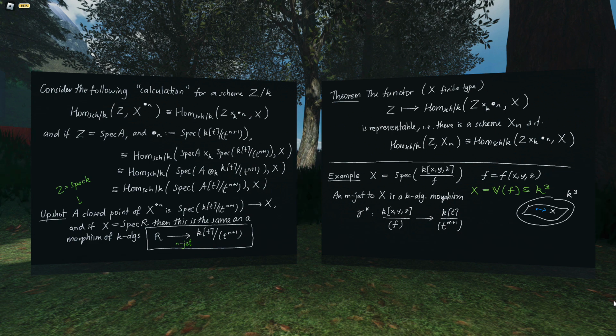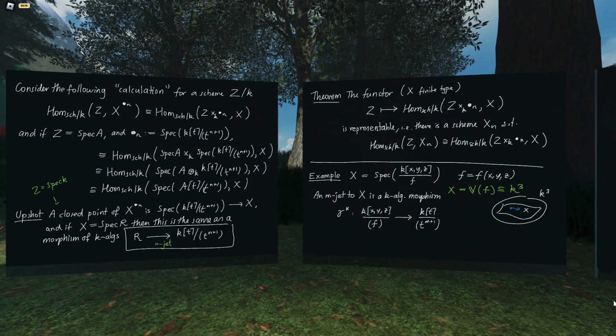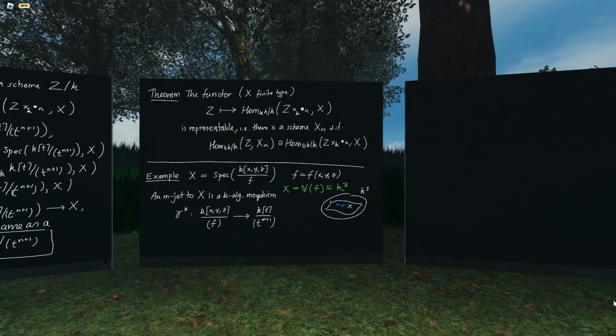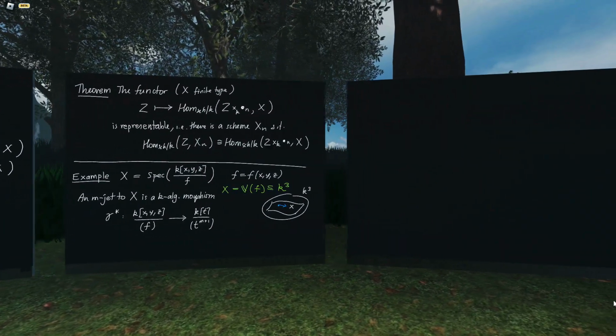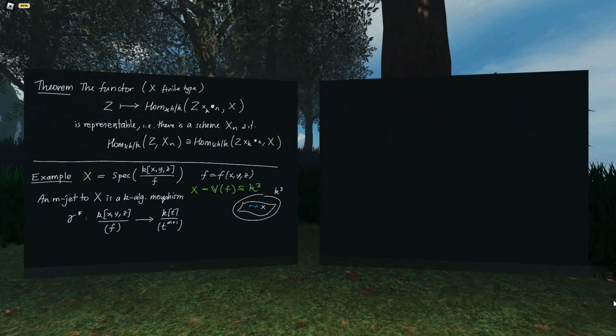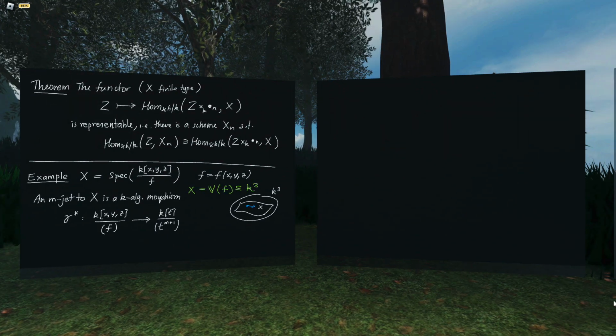All right. Well, how do we classify all such k-algebra homomorphisms? Well, remember that a k-algebra homomorphism out of a quotient of a polynomial ring is, so we have the quotient k[x,y,z] goes to k[x,y,z] modulo f, and we've got our gamma star.